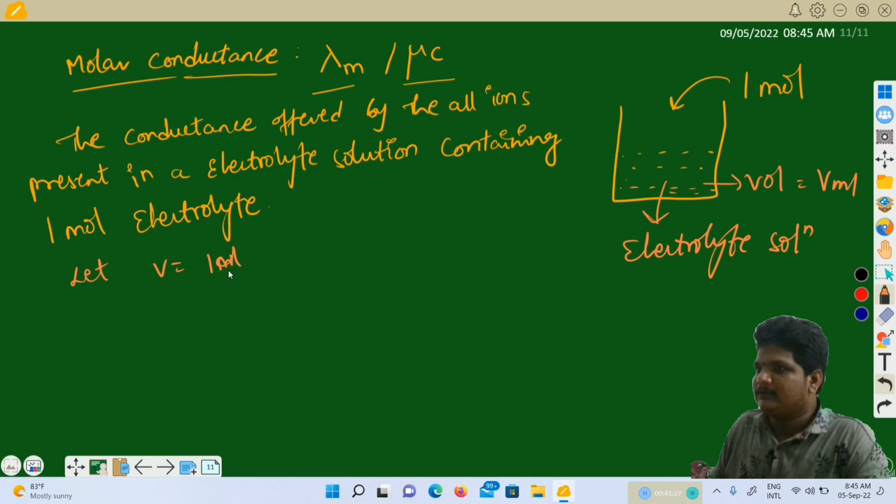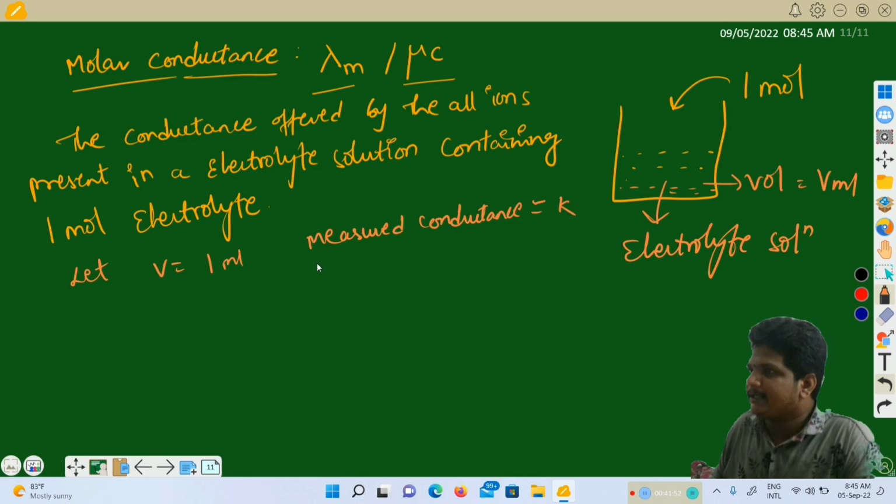If I measure the conductance of this 1 mL electrolyte solution, the measured conductance is the specific conductance, since this 1 mL of solution contains 1 mole electrolyte.